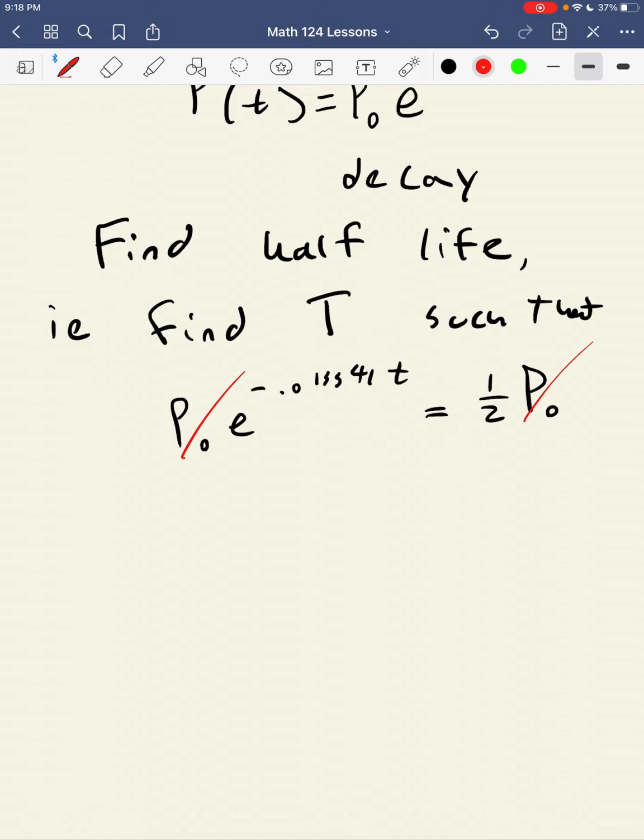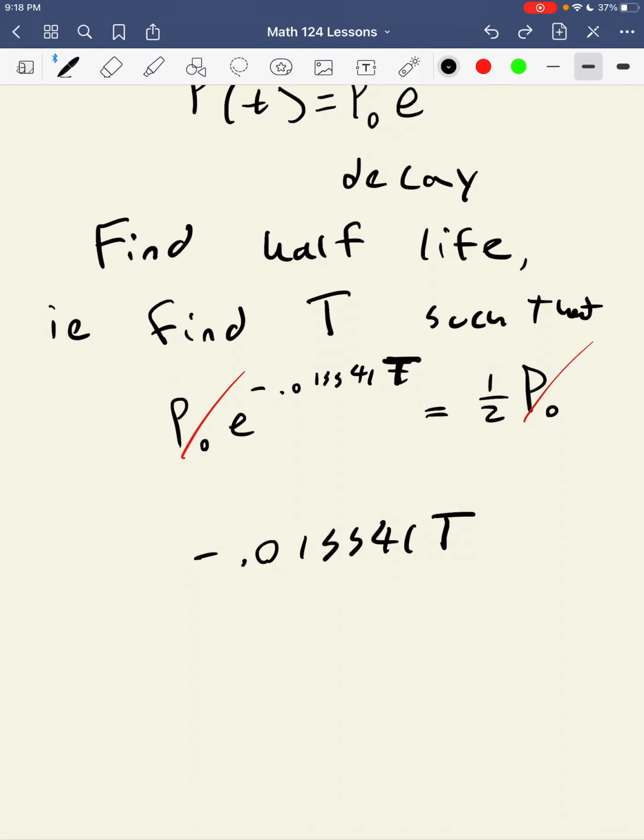So in this example, we just take the log of both sides. So when we take the log of both sides, we get the rate, negative 0.01551, times T. I should use a big T, because I used a big T here.